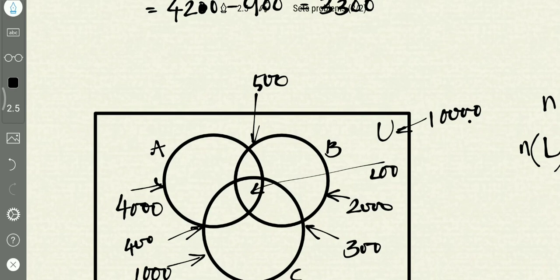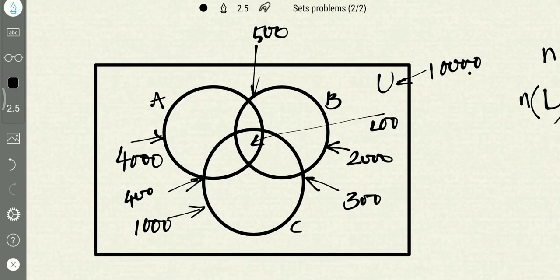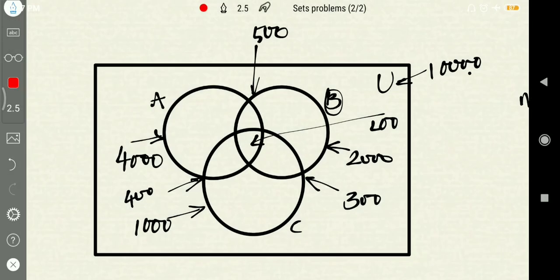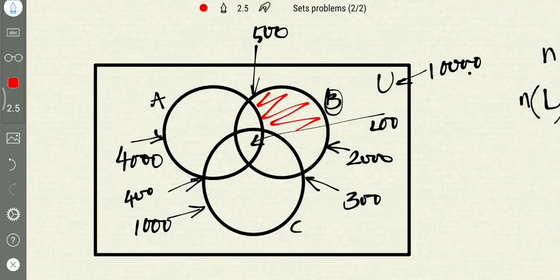So what we need to find is the number of students who opt for only communication. Communication is B. This is the area we need to find.